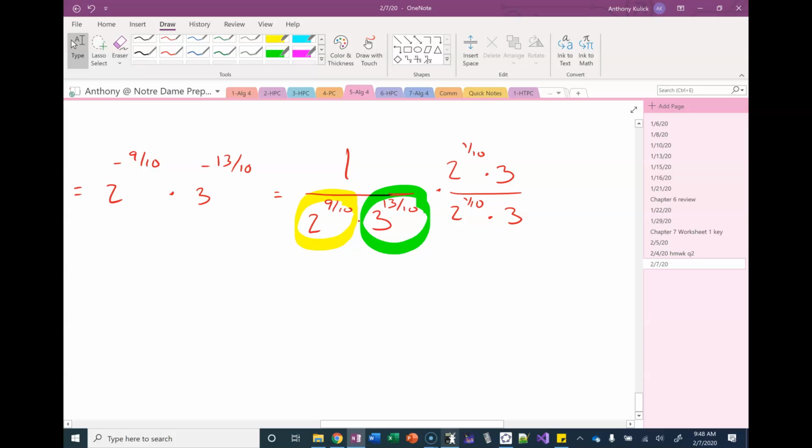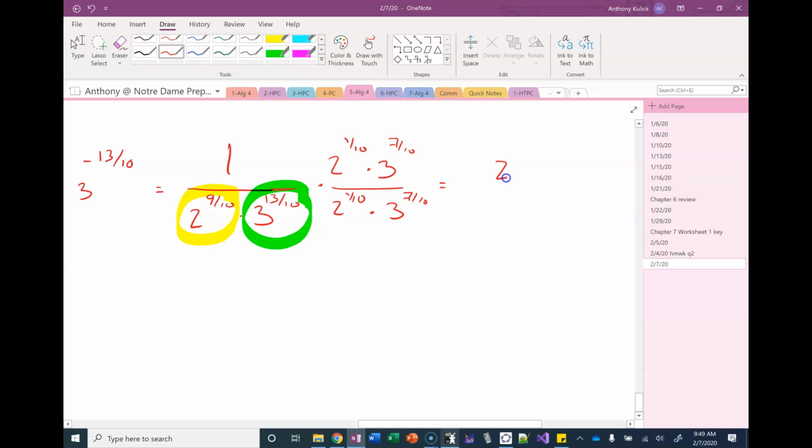I'm at 13 tenths, so I need 7 tenths more. Does everybody agree with that? Are we good with that?